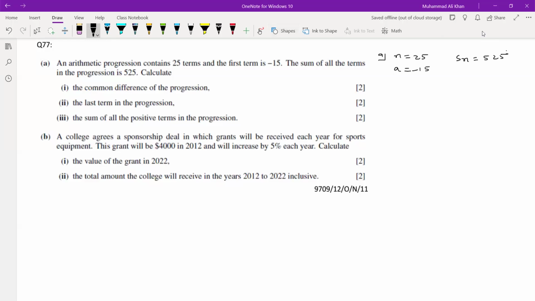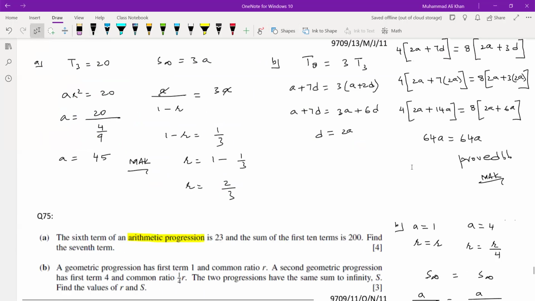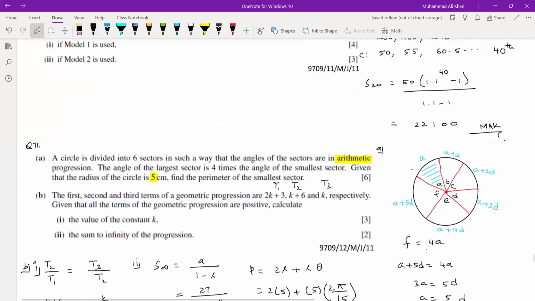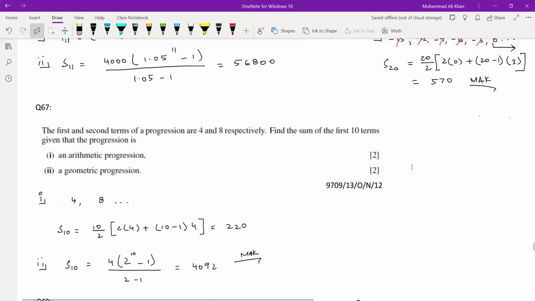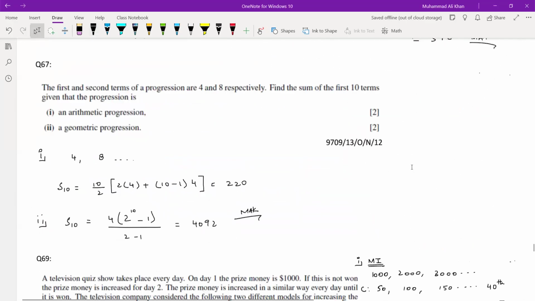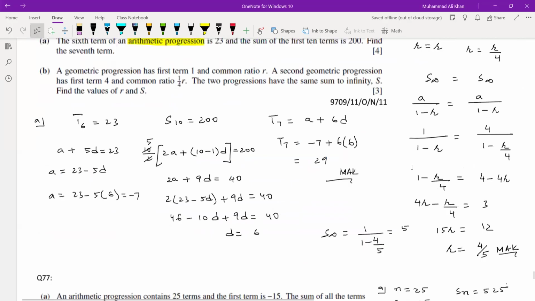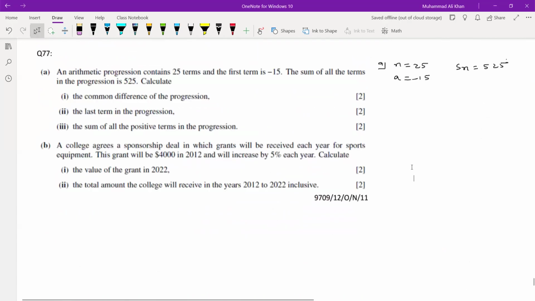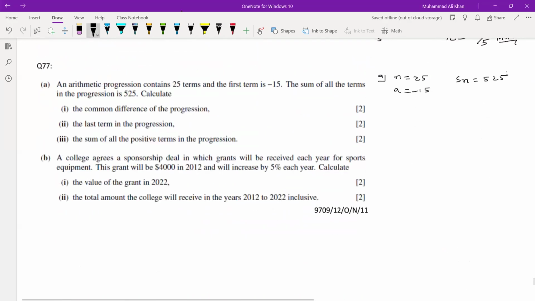So this is same as question number 65. We are not doing this.